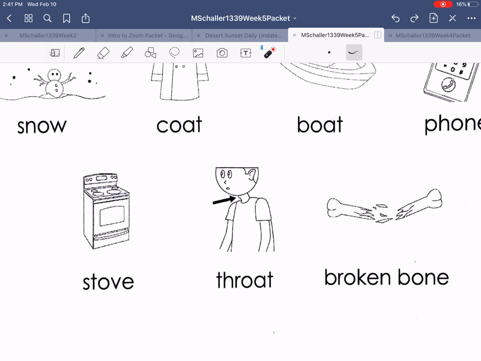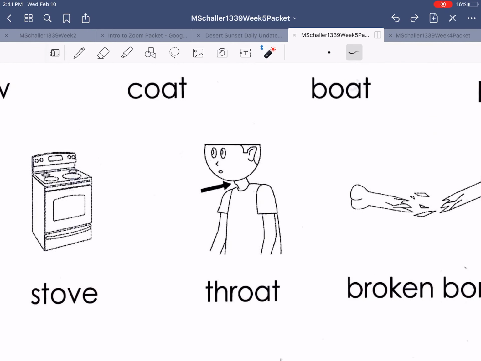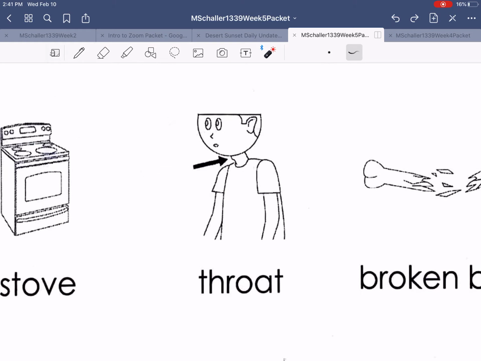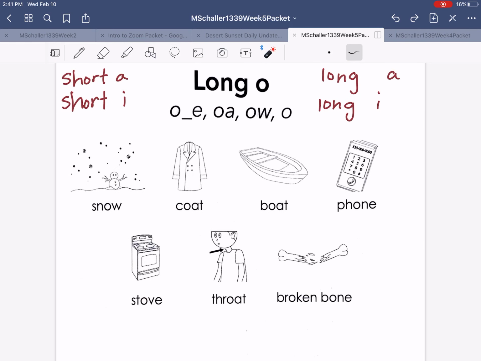And then one more, we have the throat. So this is neck, right? Throat is the front of neck. So when you're sick, ow, throat hurts, throat ache. So again, throat, O-A.